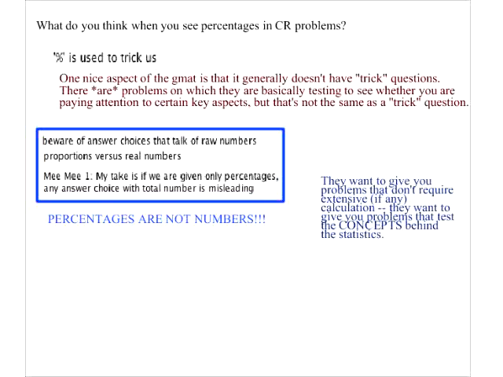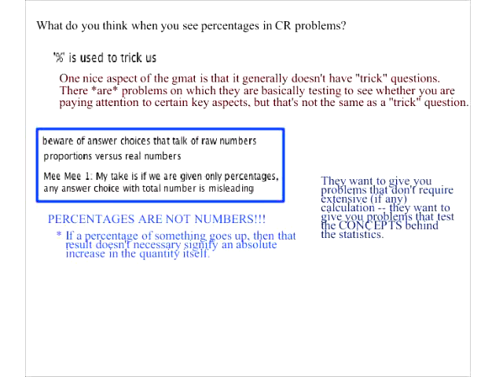Percentages are not numbers, and therefore if a percentage of something goes up, then that result doesn't necessarily signify an absolute increase in the quantity itself. And the same goes for decreases.